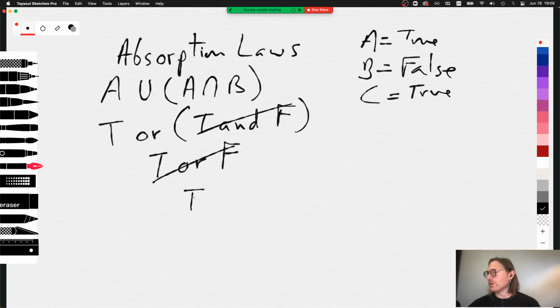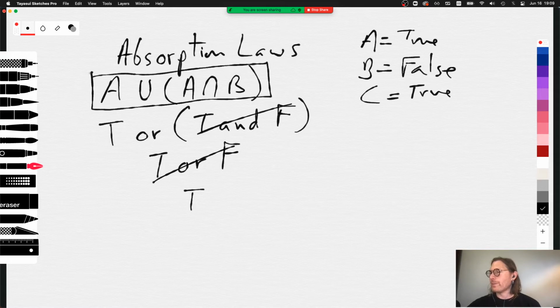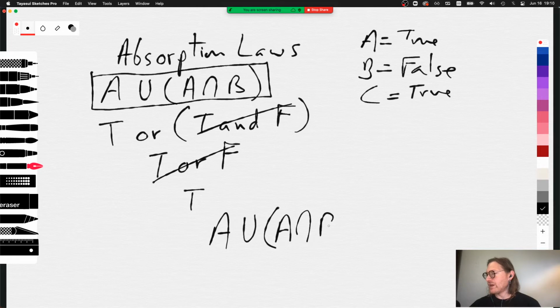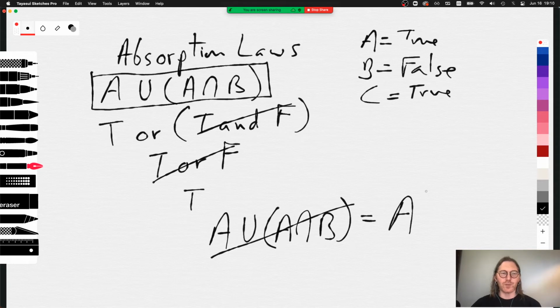So it turns out, if we're thinking about this as a consistent form, that this will actually equal A. What we can take away from that is A union A intersect B is going to just be A. So we can absorb B into A if we perform this kind of operation.